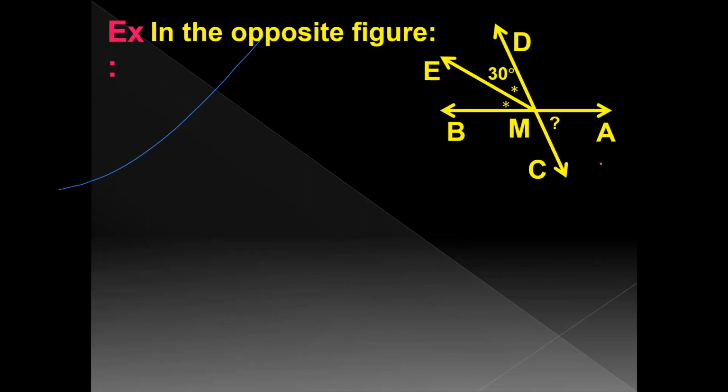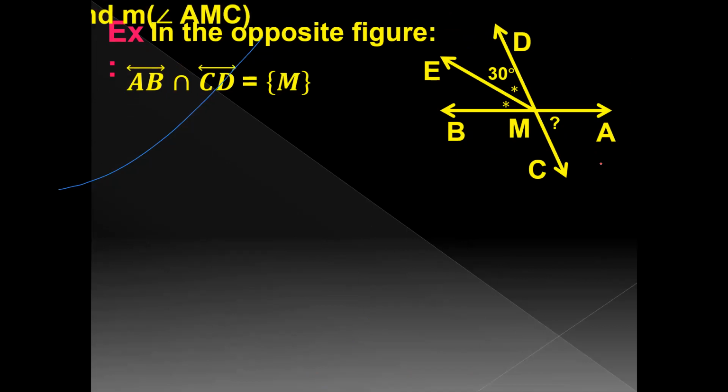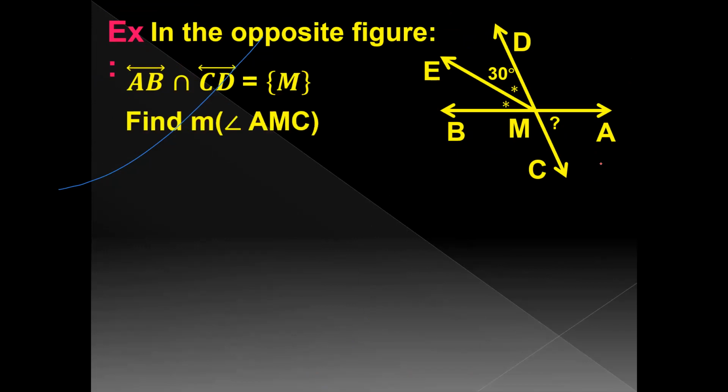In the opposite figure, AB intersects CD. Two straight lines intersect. Find the measure of angle AMC, this angle with a question mark.